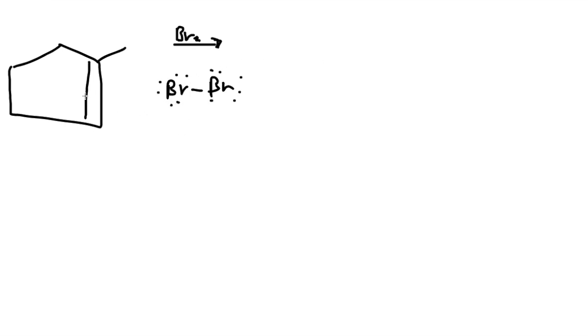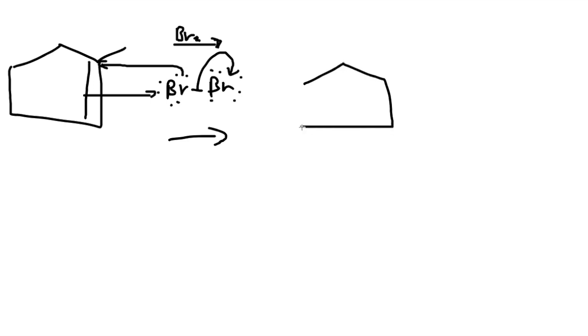So the first thing you want to do is the pi electron would go to the bromine because this is nucleophilic. It's a Lewis base. Now these electrons would go away to the second bromine, and this lone pair would go back to the structure, right? And so we would have a three-membered ring, a cyclic ring. Redraw the structure, have the methyl group over here, and we would have it connecting to both the bromines.